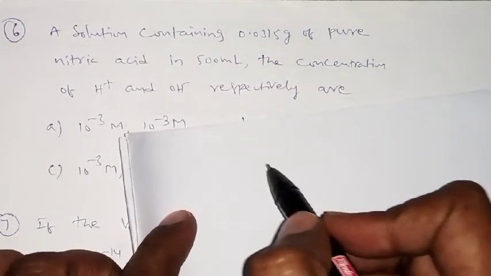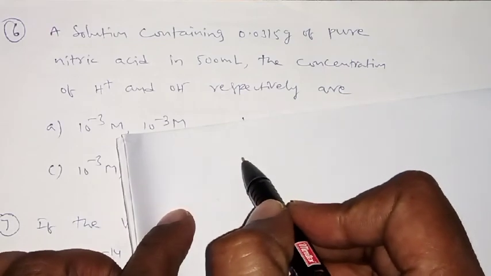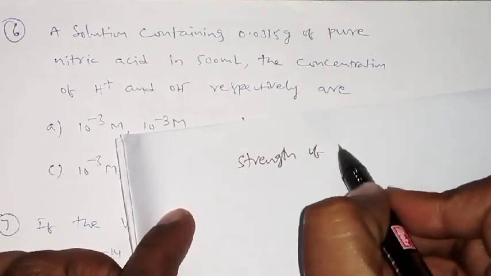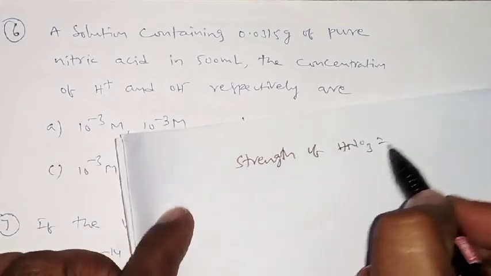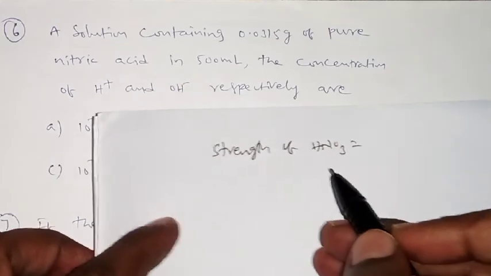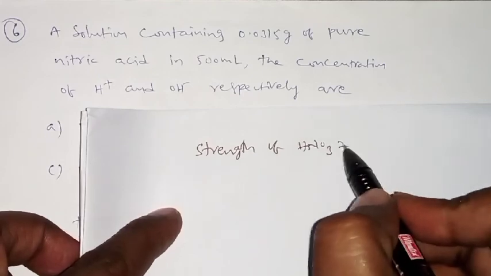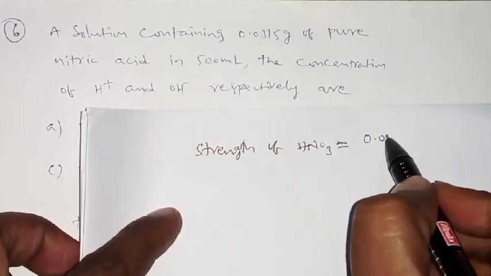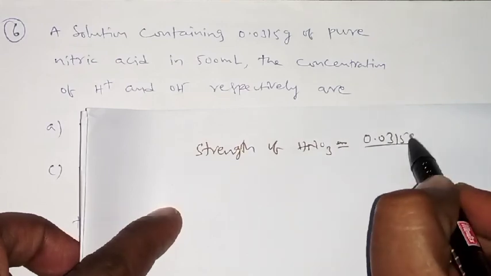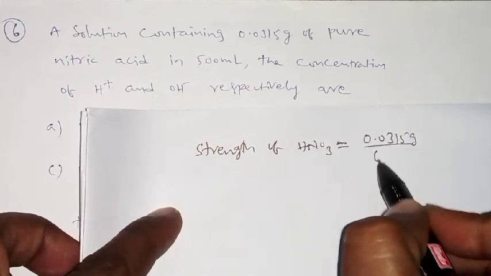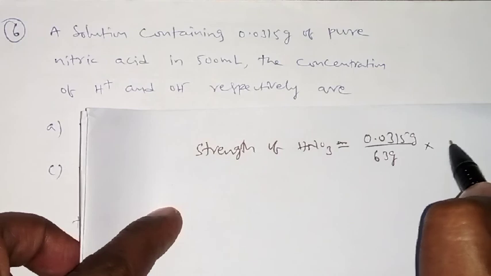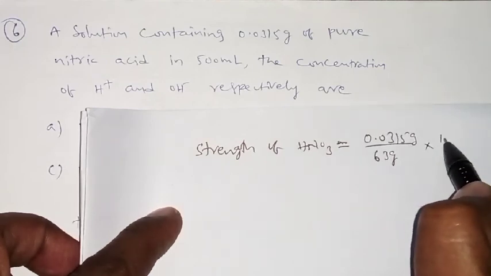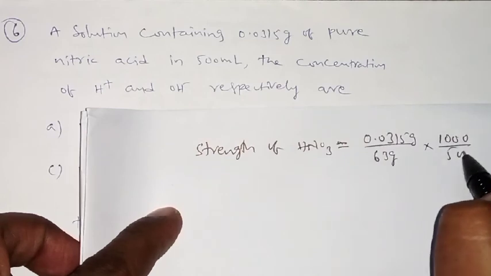about the strength of the acid that is given. See, the strength of HNO3 is nothing but the concentration. What is the concentration? Weight of the substance, 0.0315, by gram molecular weight of the substance, that means 63 grams, into volume. They gave the volume in terms of milliliters, that is why we should take 1000 by 500.